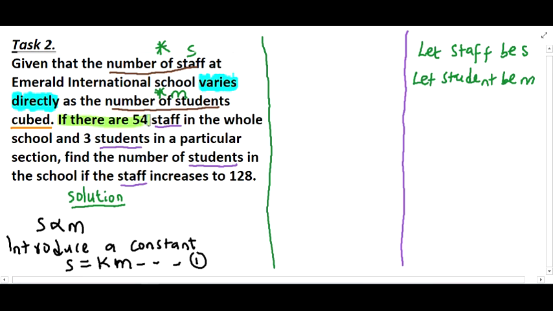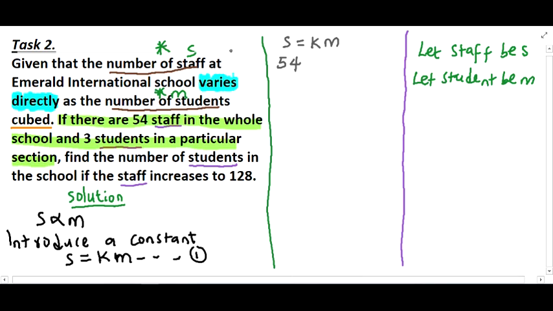If there are 54 staff in the whole school and 3 students in a particular section, so let's solve for this part now. So we remember our general equation, and what is it saying? It says that S equal to Km. Now S is staff, right? And we have 54 staff. 54 staff. Okay.